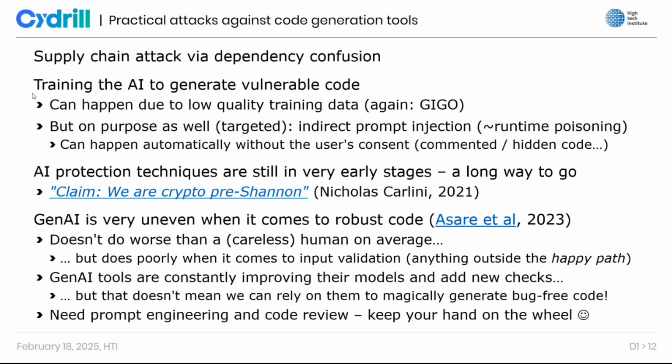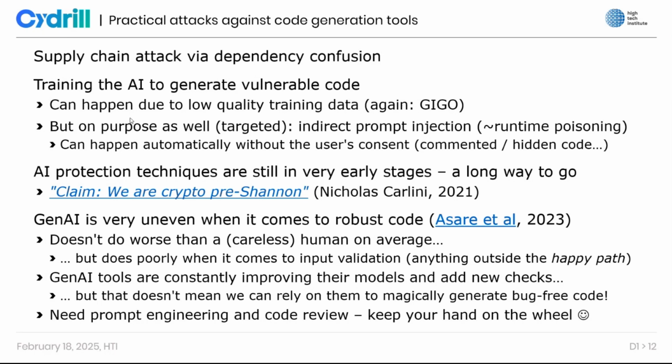First of all, there's the problem that the AI can generate vulnerable code. And part of the reason is, as I explained earlier, the training data may be vulnerable, which means that the output of the model is going to be vulnerable as well. I mean, it can be just because the data that was used to train it was poor quality to begin with.